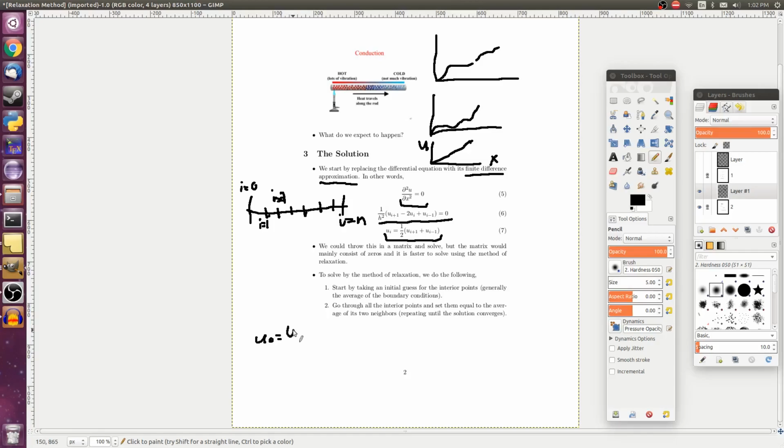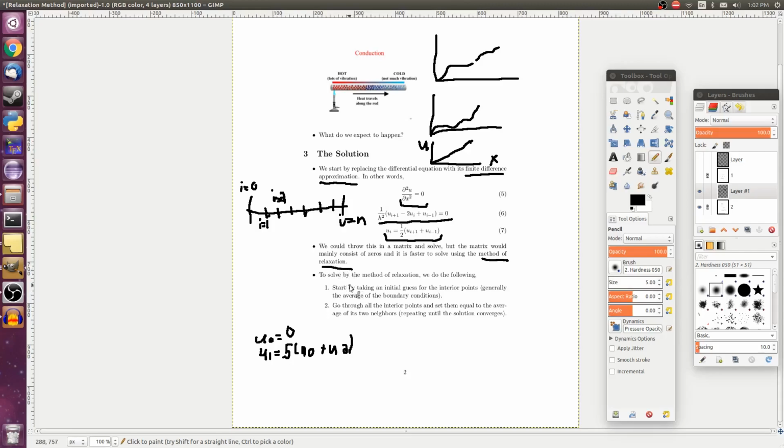But for all your interior points, you could write out, like, U1 is equal to 0.5 times U0 plus U2, and so on and so forth. And you could form a matrix with these and then solve that matrix. But what you would see, and I encourage you to do it, is that the matrix is going to consist mostly of zeros. And so it's faster to solve it by using something called the Method of Relaxation.